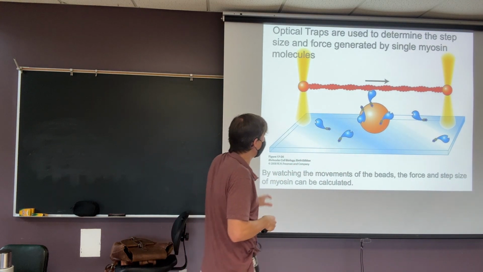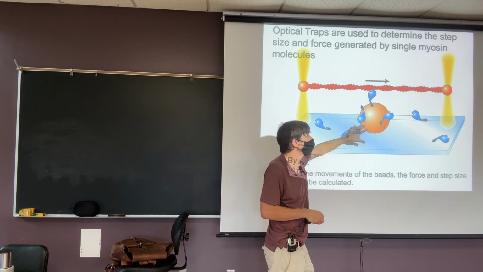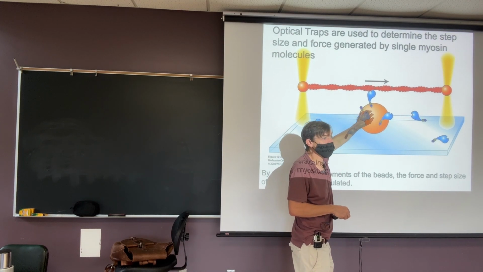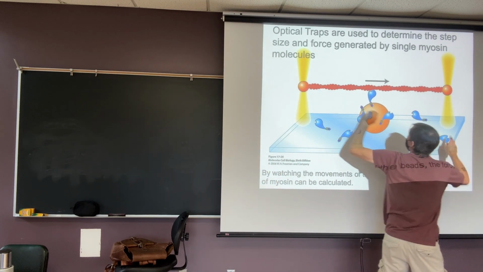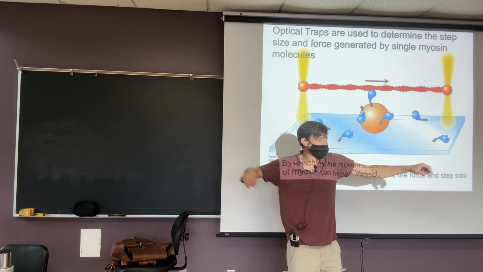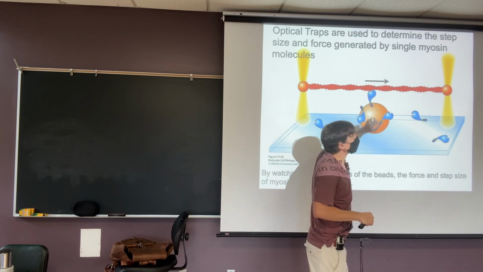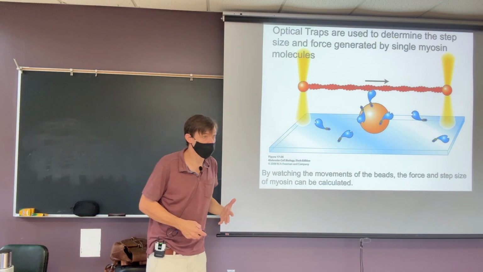Then they can also take other beads coated with myosin and get it all set up. So essentially they have this actin filament string with these 2 force sensors on the side, and then the motor. And we want to look at the step size of these motors.